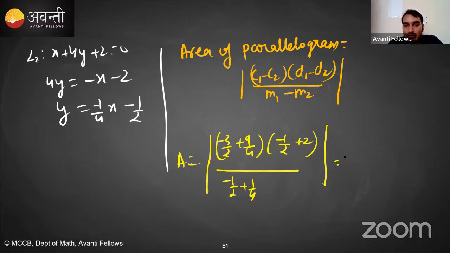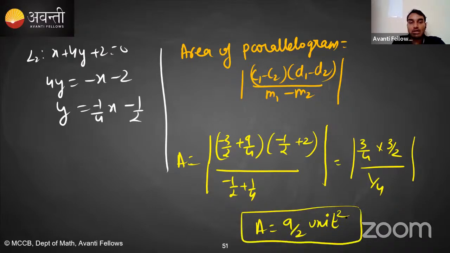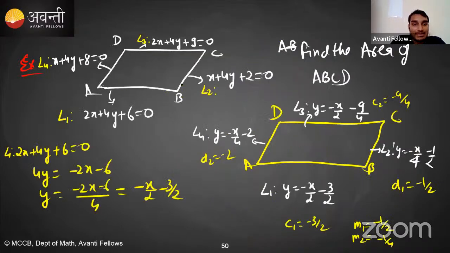Now calculate this. Minus 6 by 4 plus 9 by 4, which is 3 by 4, into 3 by 2, upon 1 by 4. Area is nothing but 9 by 2 unit square. So the area of the parallelogram enclosed by these 4 lines is 9/2 unit square.